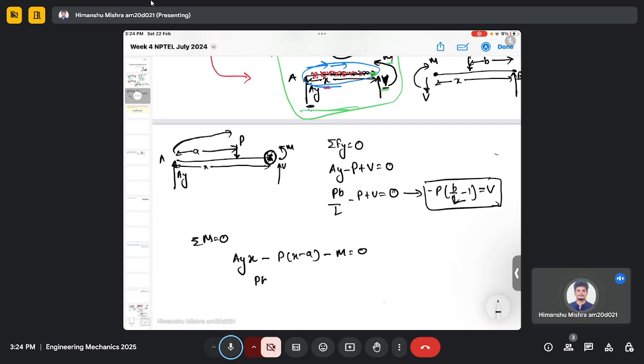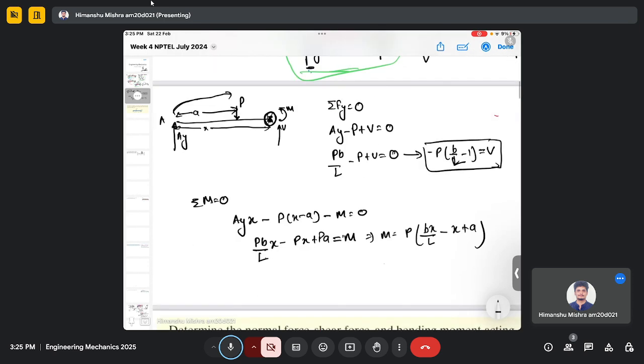So it is Pb by L x minus Px plus Pa equals M. So M will be Pbx divided by L, minus Px plus Pa. So this will be the moment across this point.